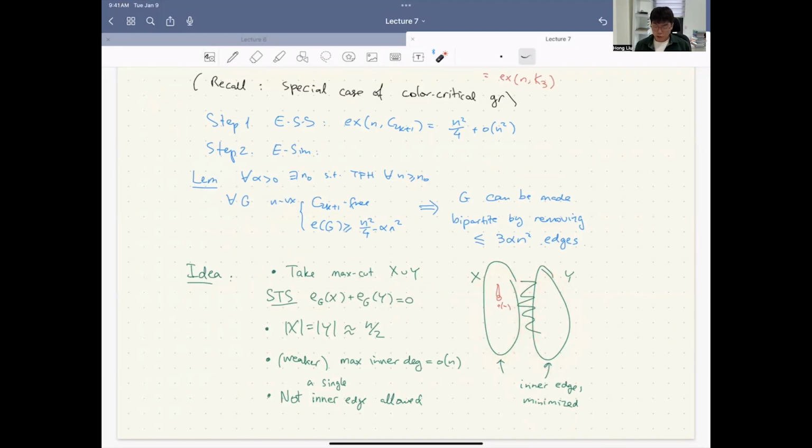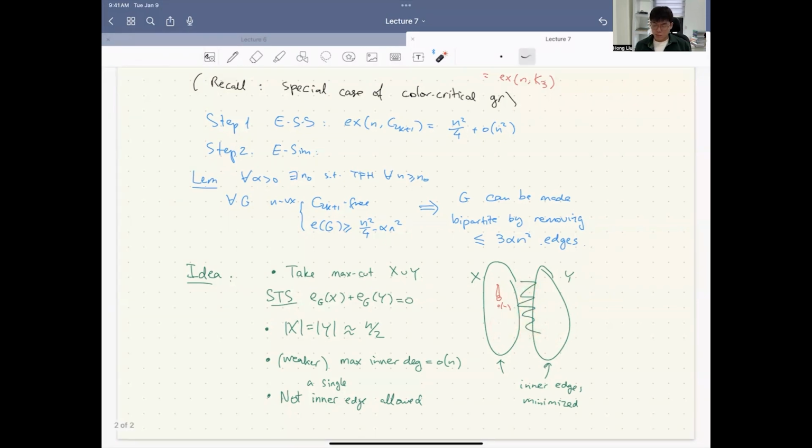Now our goal is to show that inside this max cut, actually there's no edge at all in X nor in Y. Then we are done, because that would imply that G is bipartite on the bipartition X and Y. So obviously the number of edges of G is at most n squared over 4, the bipartite Turán number.